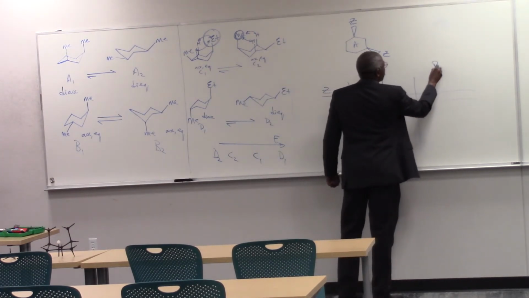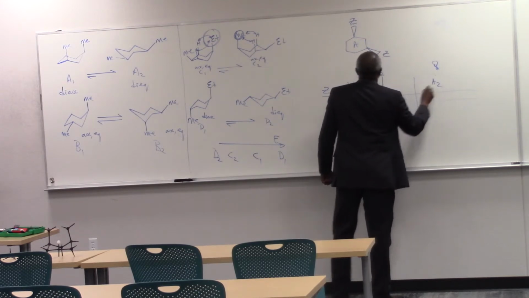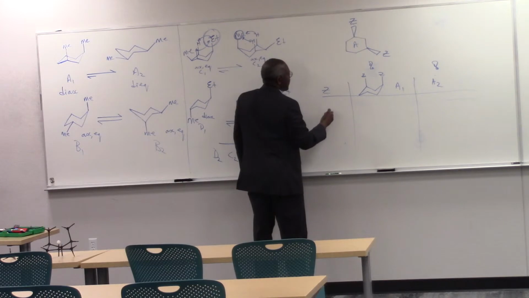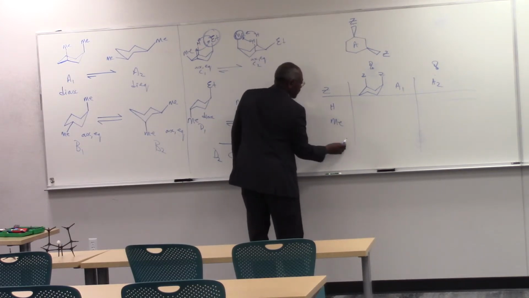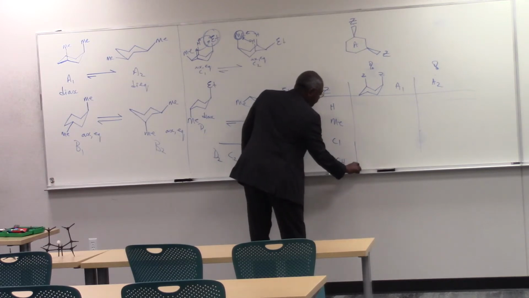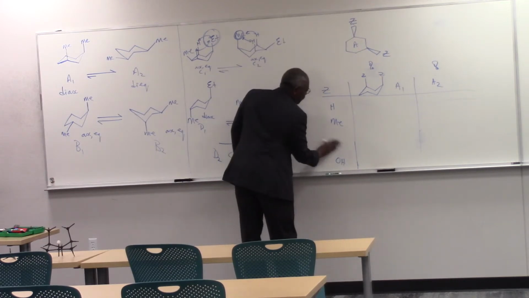So percent of A2. So when Z is H, and then we'll pick methyl, and then we'll pick chlorine, and then pick OH. I'm going to pick fluorine.